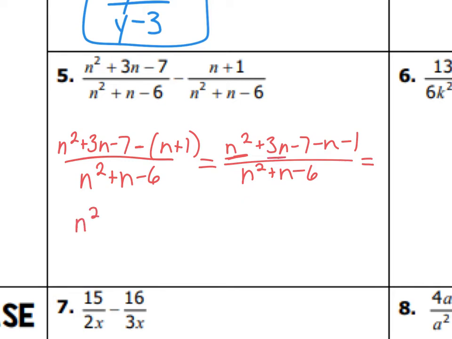No. 3n. The -n, right? What's that going to be? 2n. And then -7 minus 1. Yep.